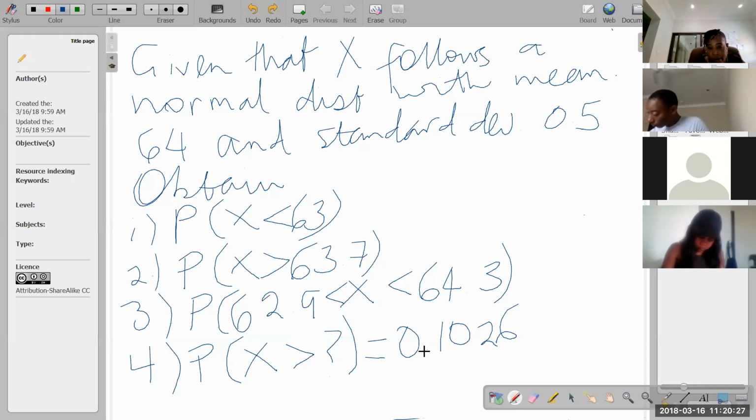Second one, what did you get? I got 0.7257. Did anybody get anything different?